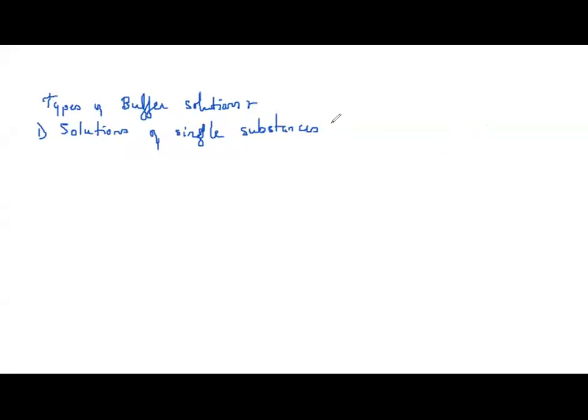It means the solution of a salt of a weak acid and a weak base. So I can take acetic acid and ammonium hydroxide. Its salt is CH3COONH4, that is CH3COO− and NH4+. This is a solution of a single substance. This can act as a buffer solution. Even NH4CN can act as a buffer solution. So this is the first type.